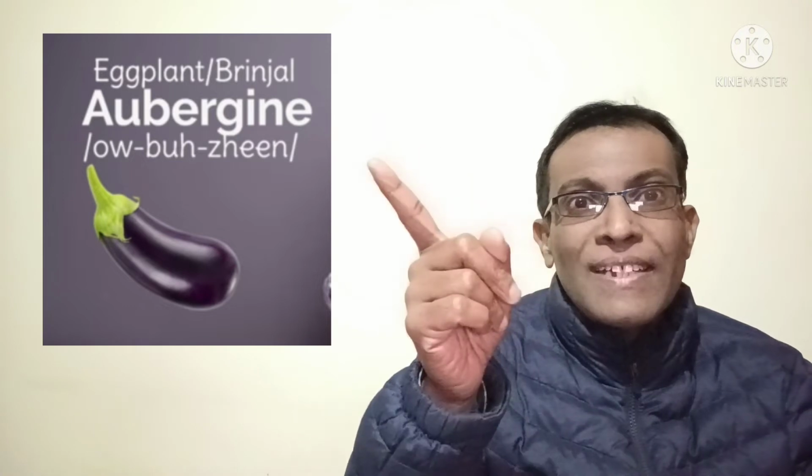Now, tell me, what is this? Will I tell you a different name? In English, we call it aubergine. Aubergine. Now, you must be wondering, what is this? Yes, this is also called brinjal or eggplant.